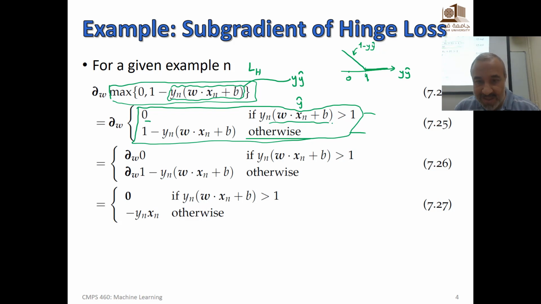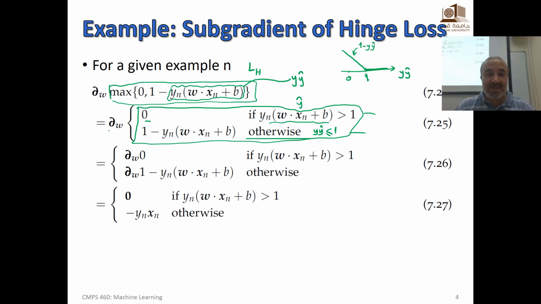Does this cover y hat equal to 1? That's when it is greater than 1, right? Otherwise, what do we mean by otherwise? When y hat is less than or equal to 1. So we added the point when y hat is 1 to that branch.